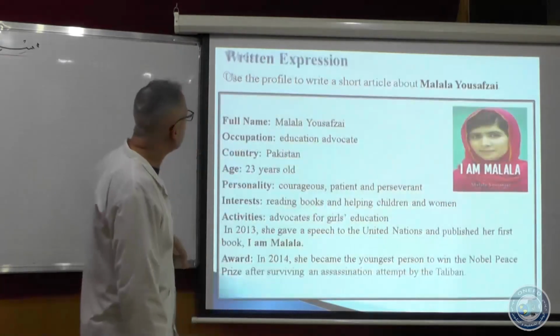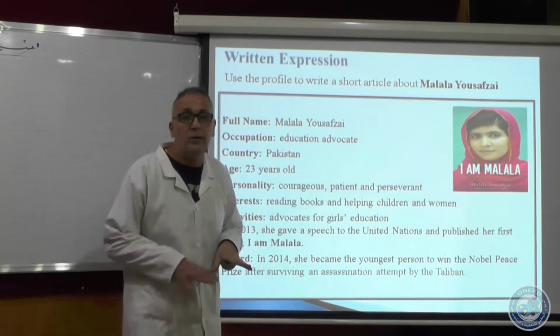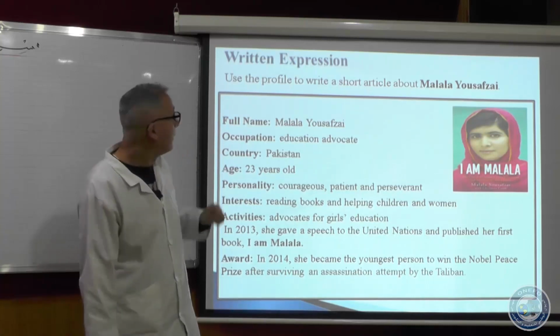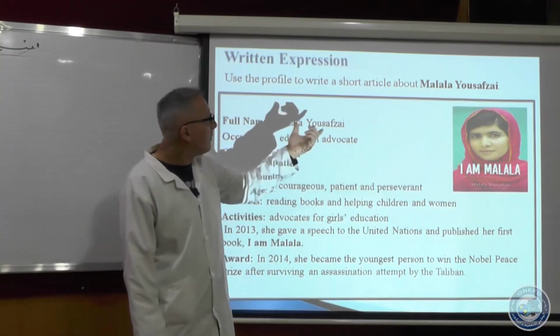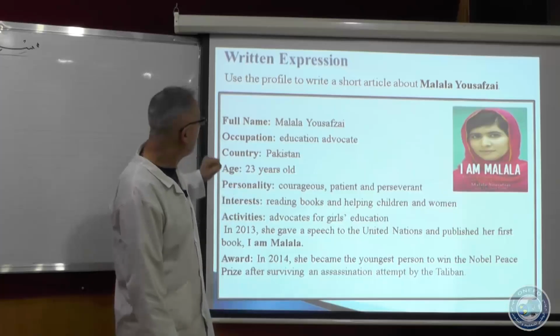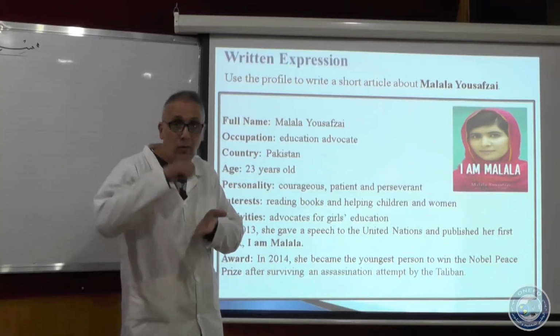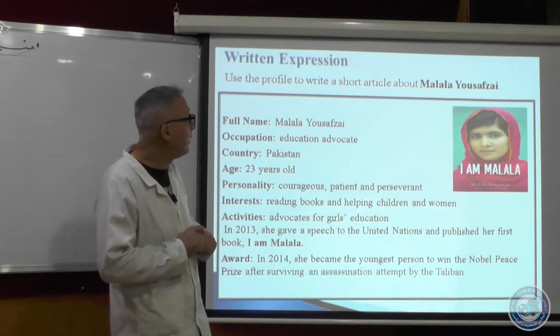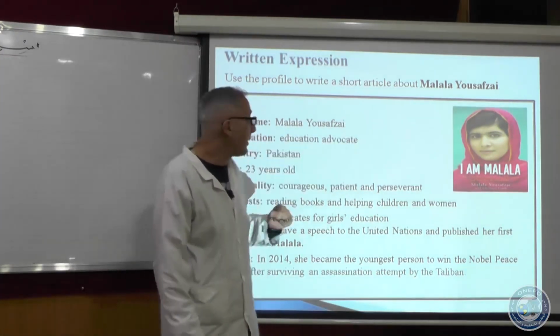Anyway, now, look. What are you going to do? You are going to use this profile. It is about Malala Yousafzai. You are going to use it for writing an article or short article about Malala Yousafzai.